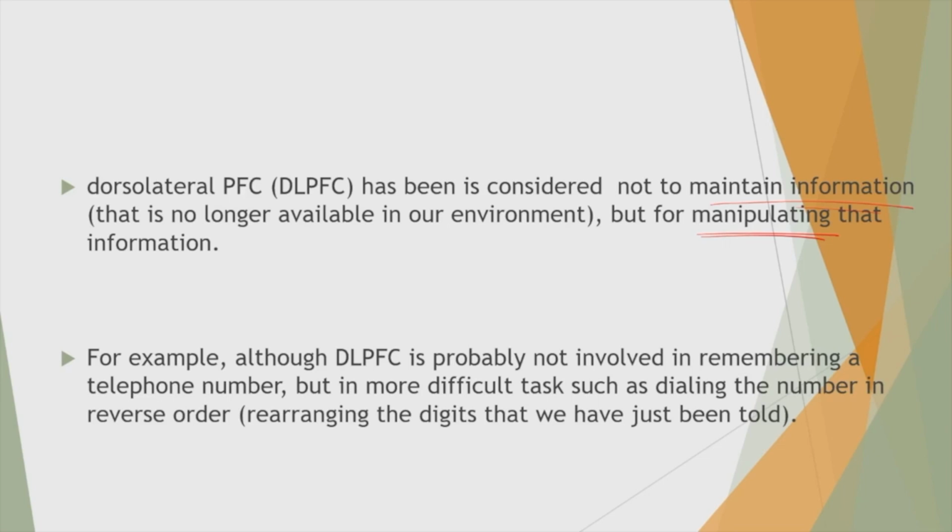For example, though it is probably not involved in remembering a telephone number, it is involved in more difficult tasks such as dialing the number in reverse order, basically rearranging the digits. If I tell you a phone number, dorsolateral PFC may not remember the number, but it may be active in helping me type that number in reverse order.